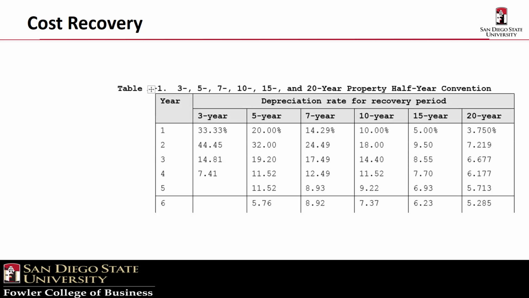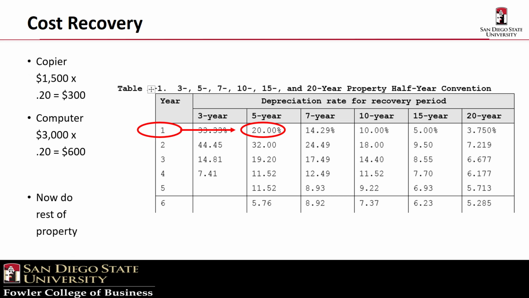If we recalculate depreciation for the copier and computer, we can see that using the half-year table allows us to apply a reduced number of factors as compared to the mid-quarter convention, since all the properties of the same recovery period will use the same factor. Thus, the copier and the computer both use 20% for 5-year property in the first year.